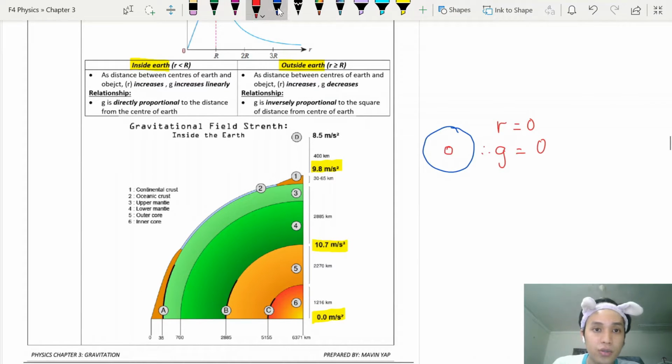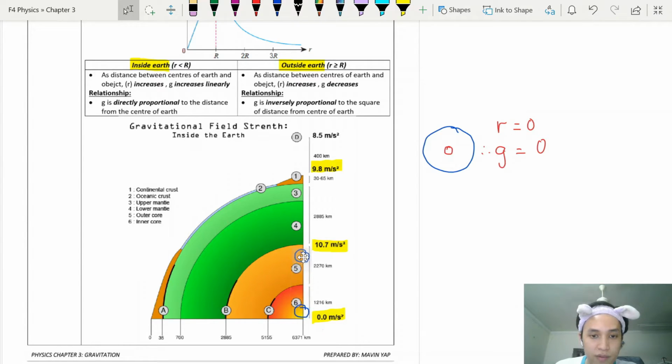Now, let us show you. If I am here initially, and then I slowly move towards the surface of the Earth and reach here, we just ignore this part for now. Don't look at this first.